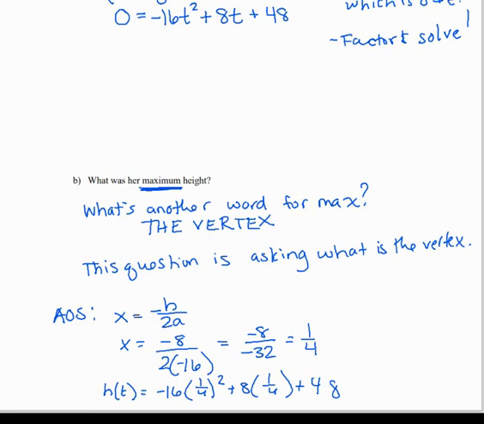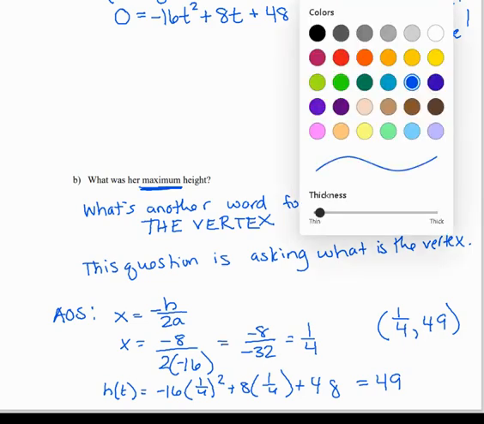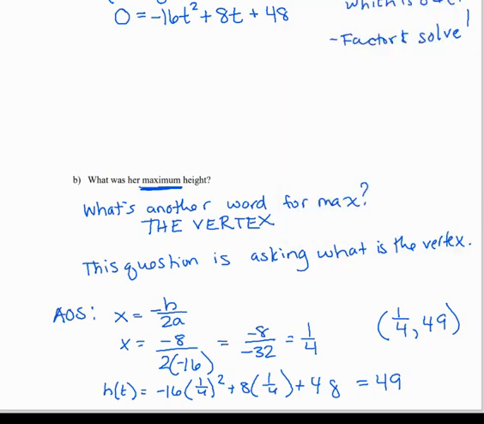So negative 16 times 1/4 all squared plus 8 times 1/4 plus 48 gives me a height of 49. So that's telling me my vertex is 1/4, 49. So what that's saying, and I'll use a different color because I can't scroll any further, is that the max height is 49 feet, and that was after 1/4 of a second.